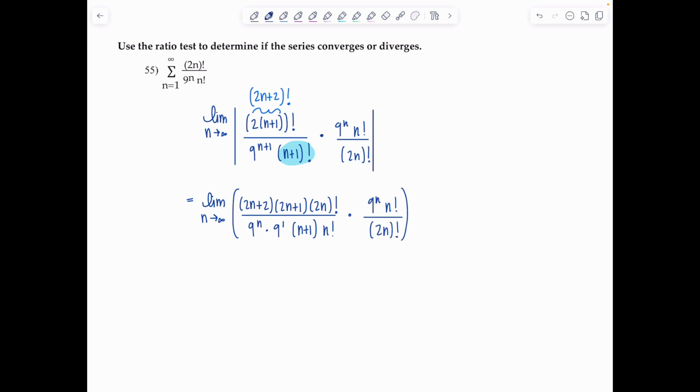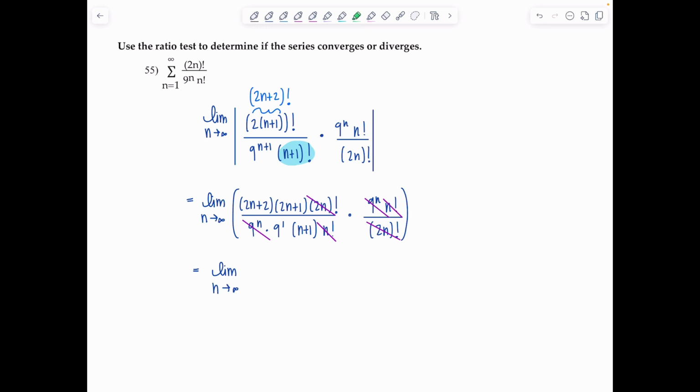Okay, and then you can throw a cancel party. It's so satisfying just to cross a bunch of stuff out. It somewhat reminds me of when you play Tetris. 9 to the n is gone. There's something else, but let me show you in the next step. So let's see who didn't get canceled out. Limit n goes to infinity.